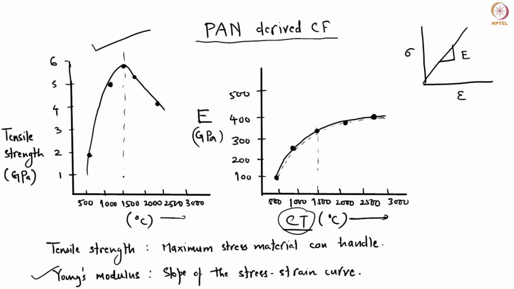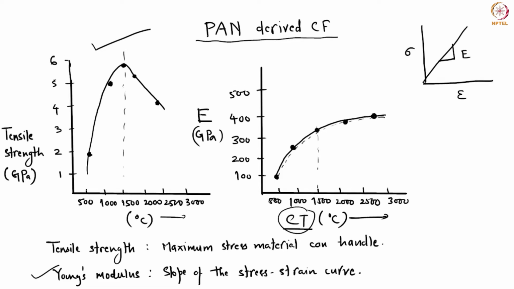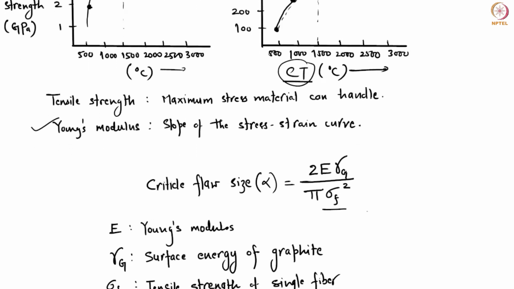In many applications, what is more important is the tensile strength rather than the Young's modulus. So depending upon the application, you need to select your fabrication and heat treatment parameters, because just increasing the modulus is not necessarily what is important for your fiber.